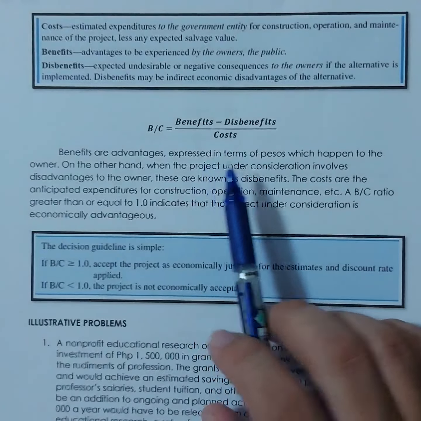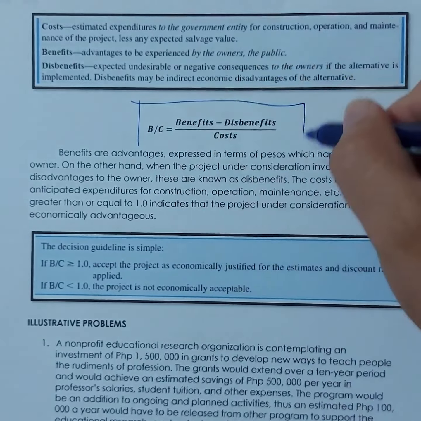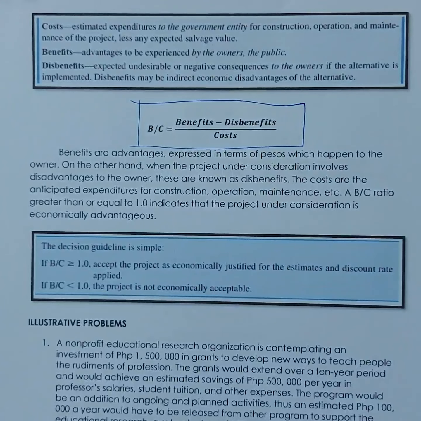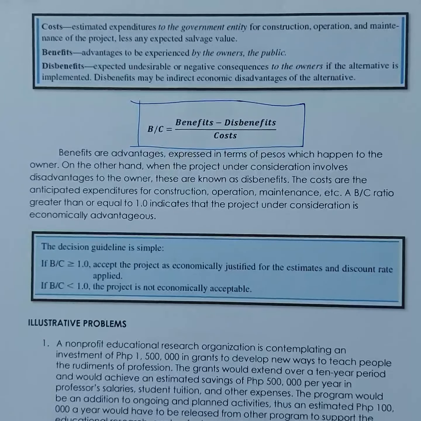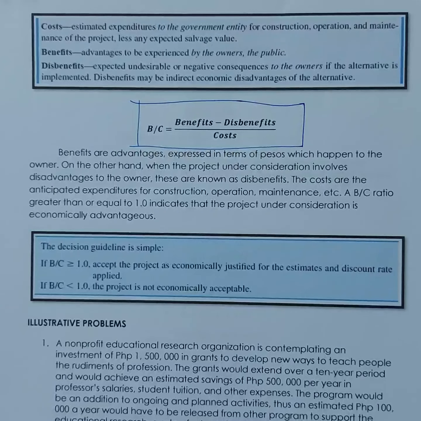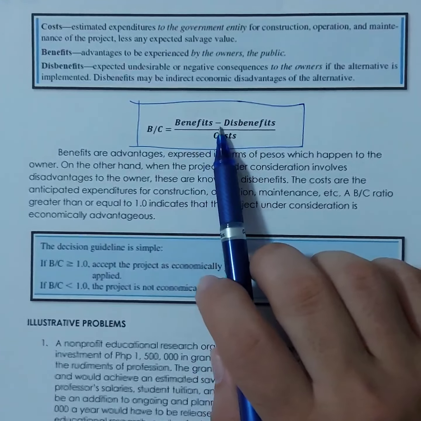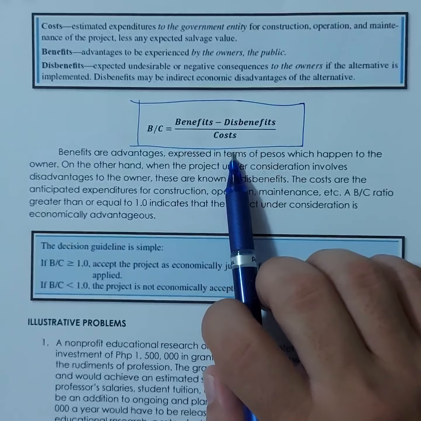Okay, so this would be our working equation, or formula, to compute for the benefit cost ratio. So ratio naman talaga siya, no? So it would be benefits minus disbenefits over cost.